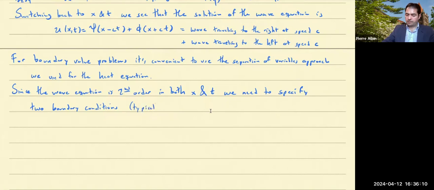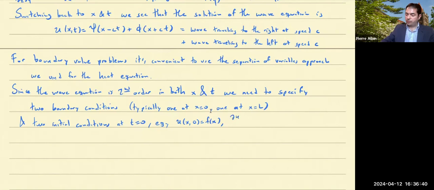Right, so typically one at x equal to 0, one at x equal to L, and two initial conditions at t equal to 0. So for example, u of x, 0 equals f of x, and the derivative of u with respect to time at x, 0 is equal to g of x.